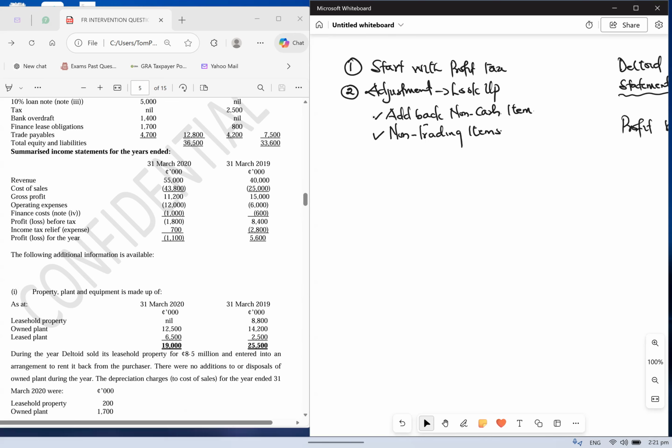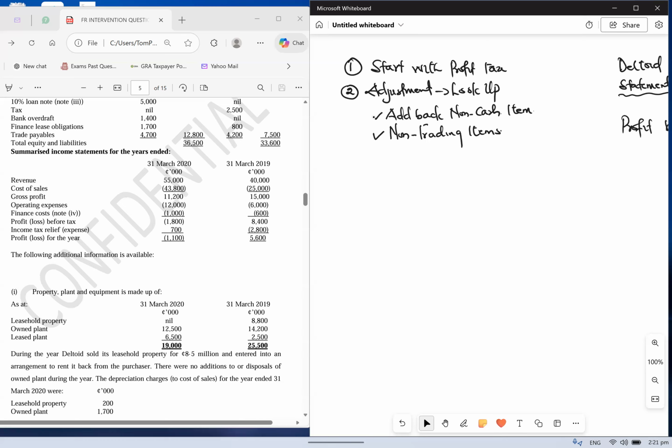You should know the features of a P&L. The things that come from trading end at operating expenses. Anything that is not part of your usual operating expenses, if that thing was added, you will subtract. If that thing was subtracted, you will add.